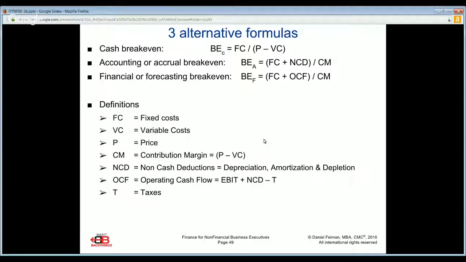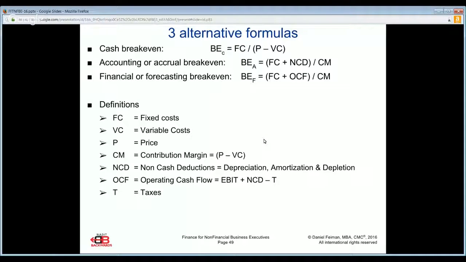Here's your operating cash flow. So the financial or forecasting break-even is the one that many of us use for projecting into the future. If we not only want to hit that break-even, but we want to achieve a certain target operating cash flow, we'll use the financial or forecasting break-even.